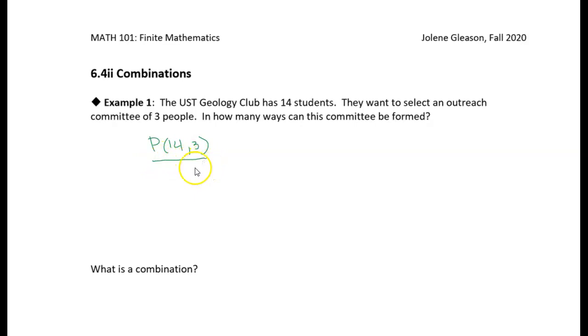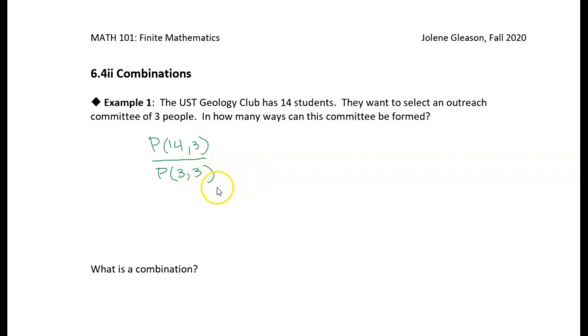So what we have to do is divide out those duplicates. We have to think about how many ways there are to arrange any given set of 3 people. Well, if we have Ava, Brett, and Evan, we're going to have 3 factorial ways to arrange them, which is basically a permutation of 3 things taken 3 at a time.